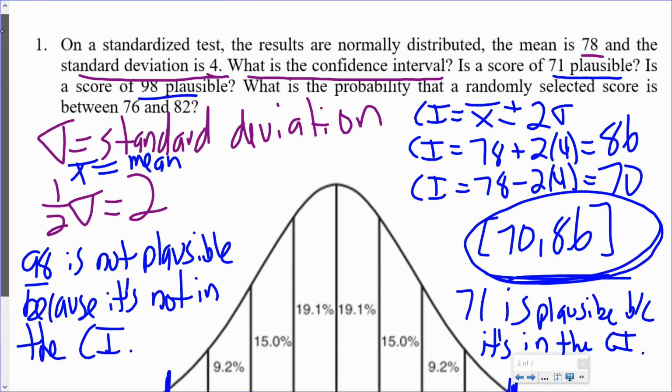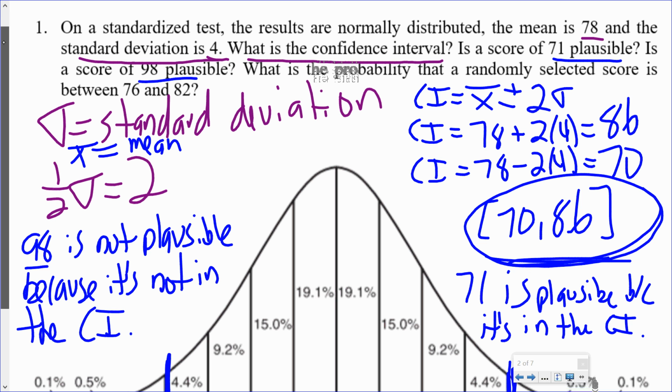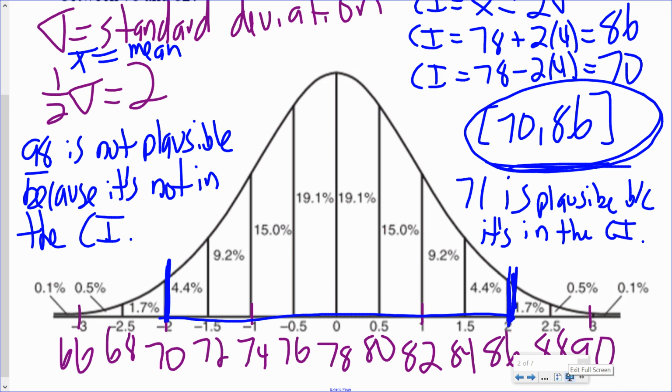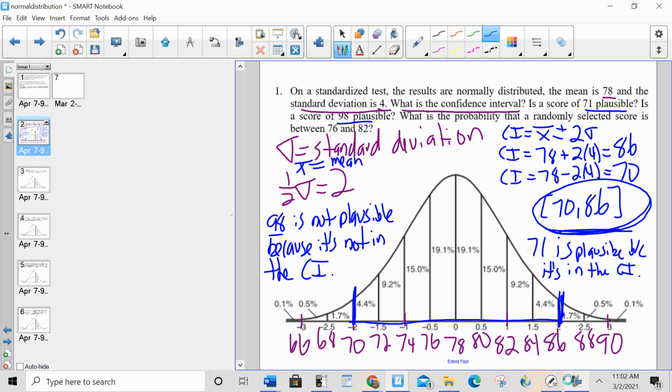All right, there's one more question. What is the probability that a randomly selected score is between 76 and 82? So let me just get a different color. Here's what you need to do to answer that. 76, 82. We are going to add all the percentages that are between 76 and 82.